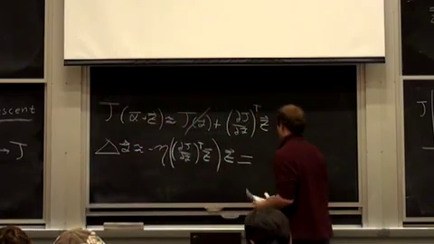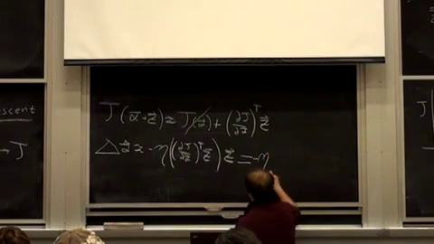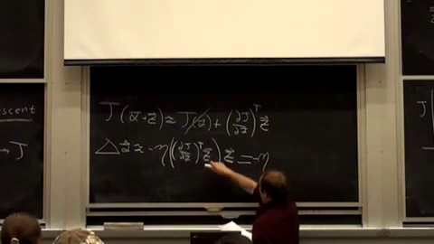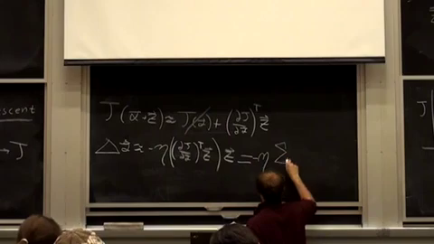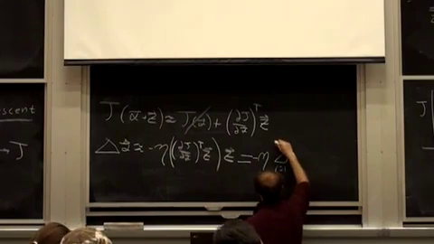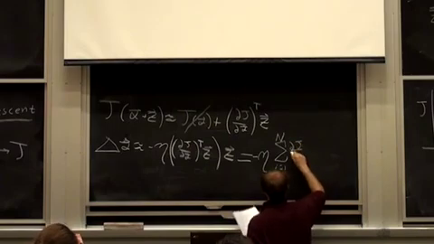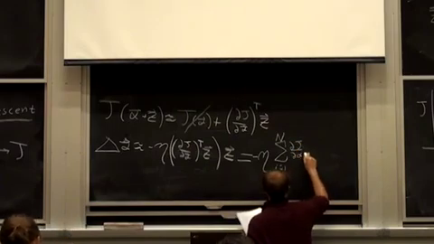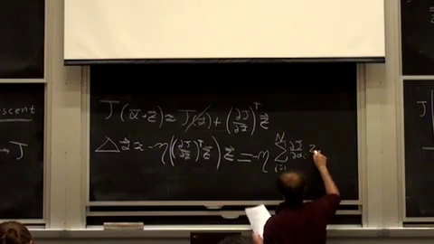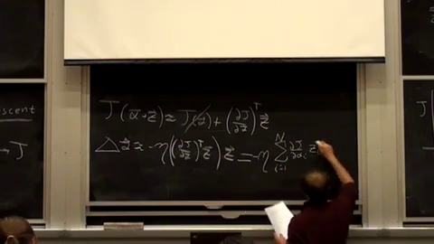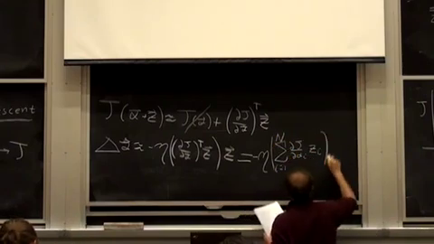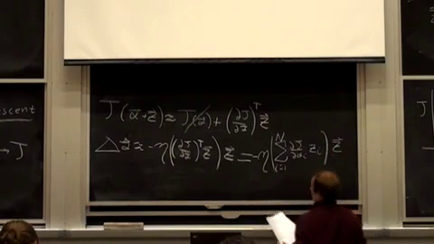So this is going to be about equal to negative eta times the sum, i from 1 to n, of dJ/d alpha_i times z_i, times the vector z.